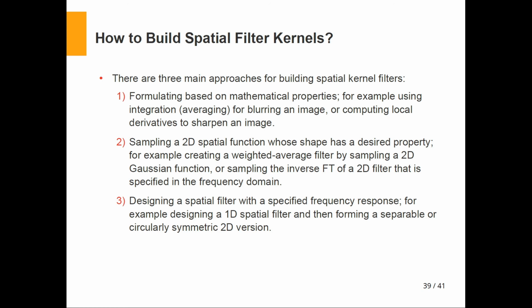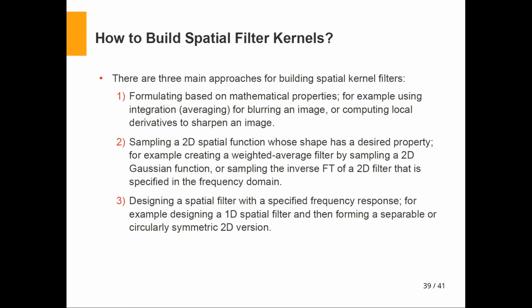The other way is by sampling a 2D spatial function whose shape has a desired property. For example, we can create a weighted average filter by sampling a 2D Gaussian function, or we can sample the inverse Fourier transform of a 2D filter that is specified in the frequency domain.